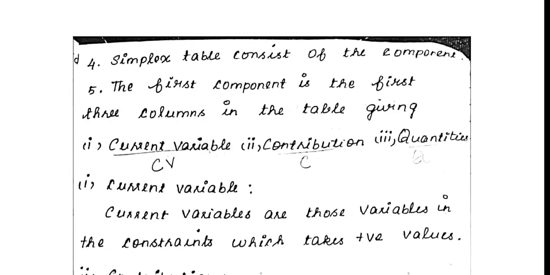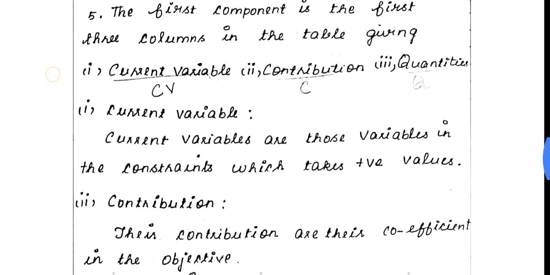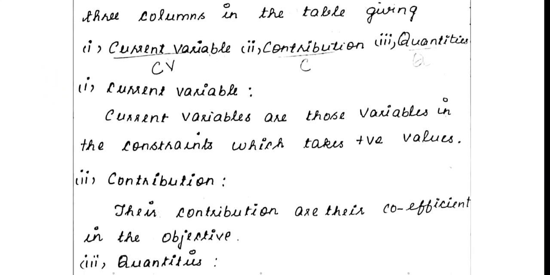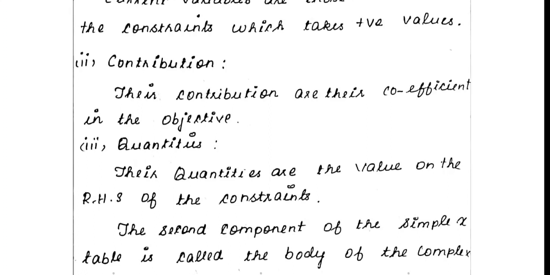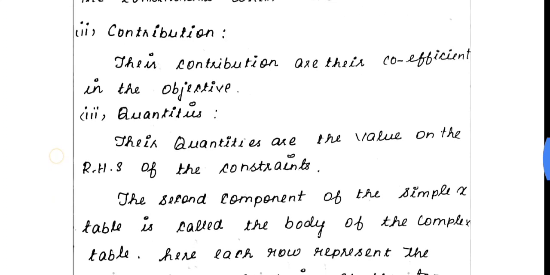Current variables are those variables in the constraints which take positive values. Their contributions are 0 or their coefficients in the objective function. Quantities are the values on the right hand side of the constraints.